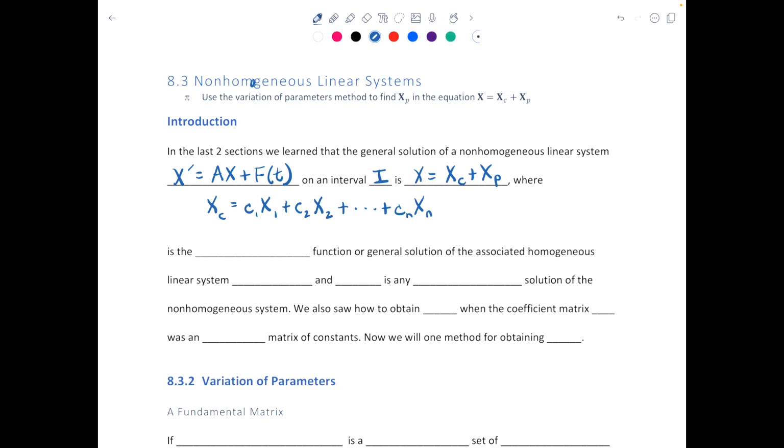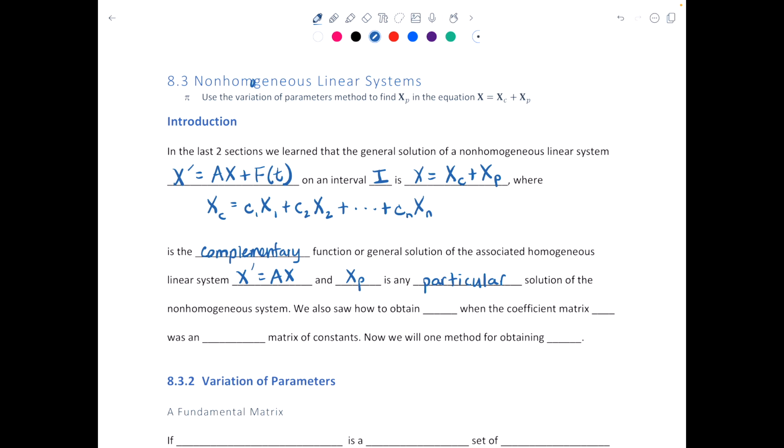So xc is the complementary function or general solution of the associated homogeneous linear system x prime equals A times x, and xp is any particular solution of the non-homogeneous system.